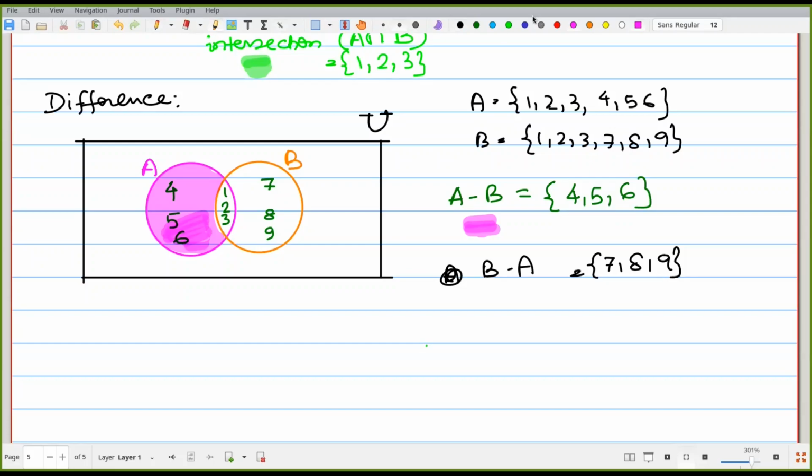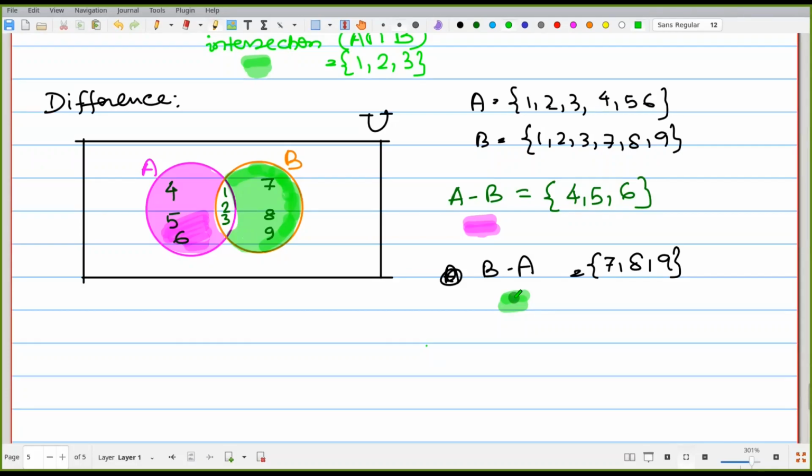So draw this, we can find. So using green color, we have drawn the 7, 8, 9 or B minus A.